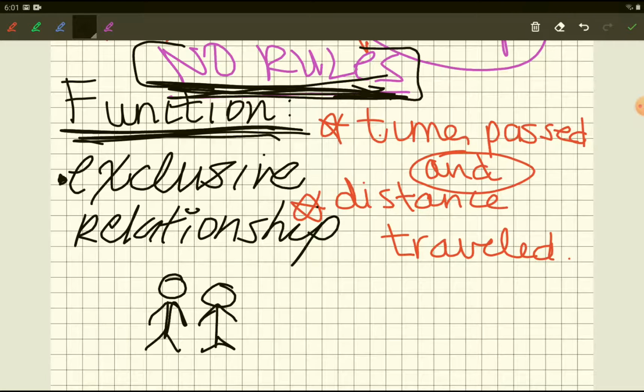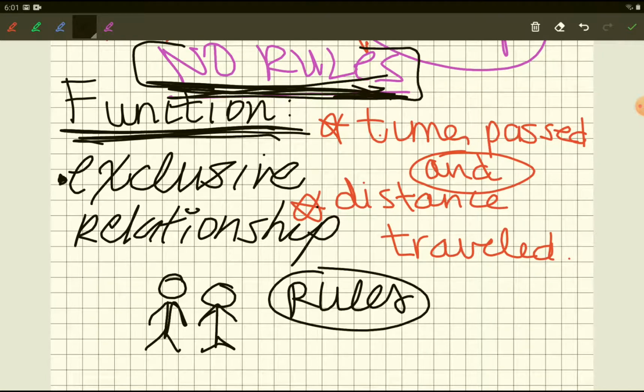So there are rules that they both have to respect for it to be considered an exclusive relationship. You can't just go around flirting with other people, because you decided to be exclusive. So there are rules that come with that.